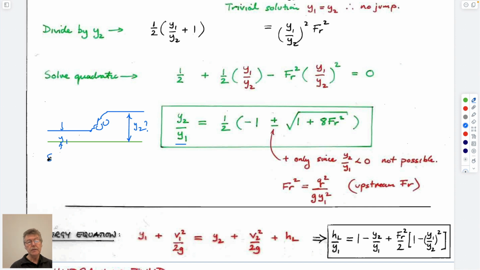So this would be supercritical, and it would have a Froude number equal to V1 over the square root of Y1 G. So we can get the magnitude of the upstream depth, and as a result of that, we can calculate what the downstream depth would be, which would be larger because it's subcritical.